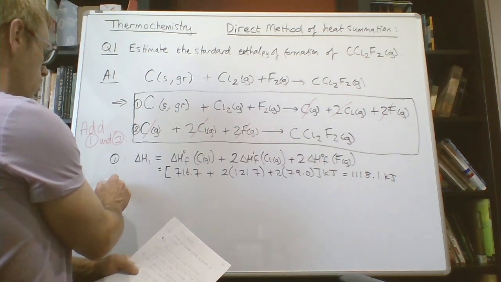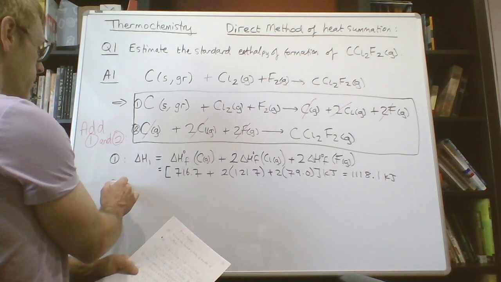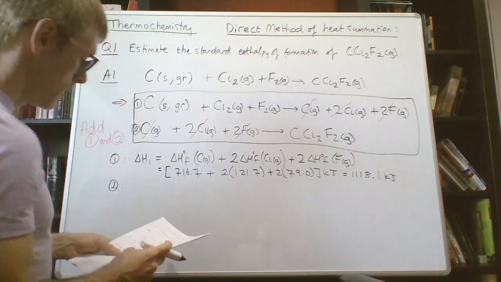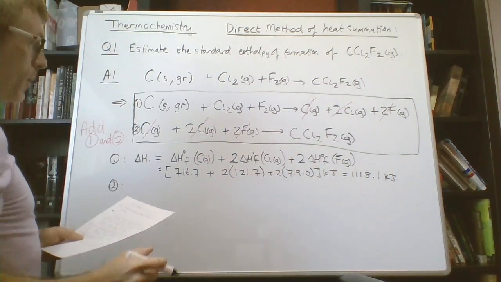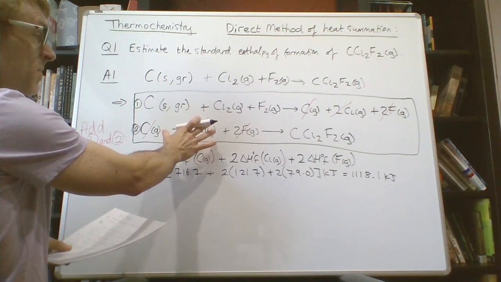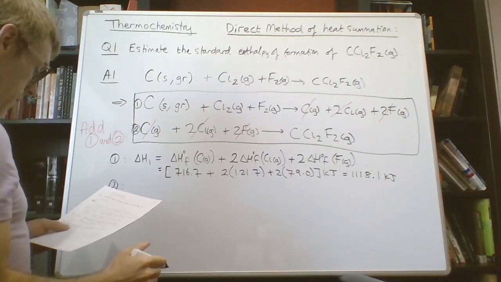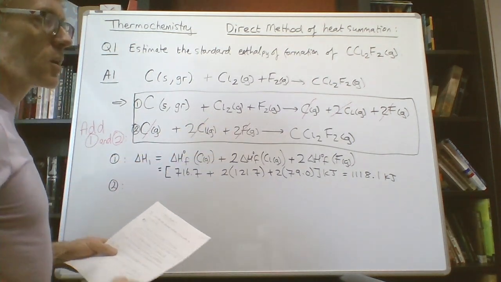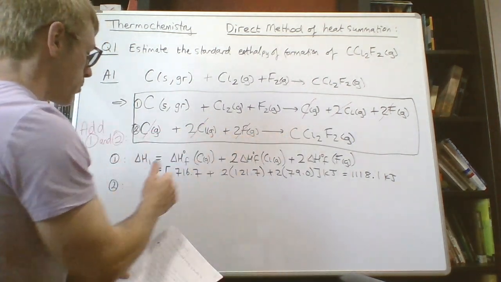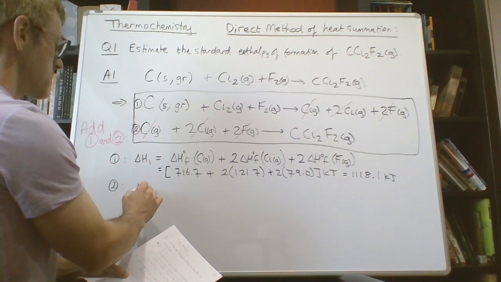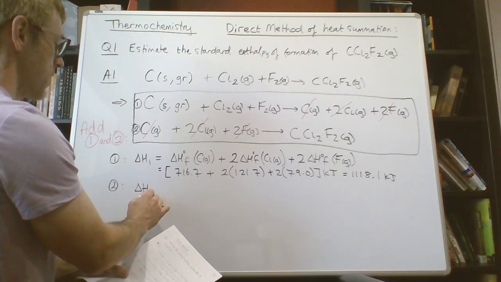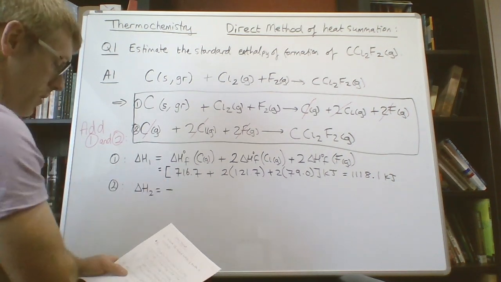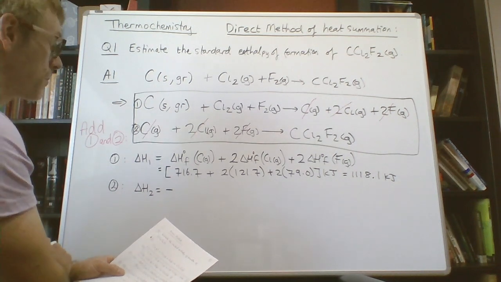If I then turn to equation 2, now I'm taking these raw ingredients and I'm making something out of them. So whenever elements come together, you're going to release energy. So if I look at the products initially, I know it's by definition going to be a release of energy. So I can a priori write a negative sign here.